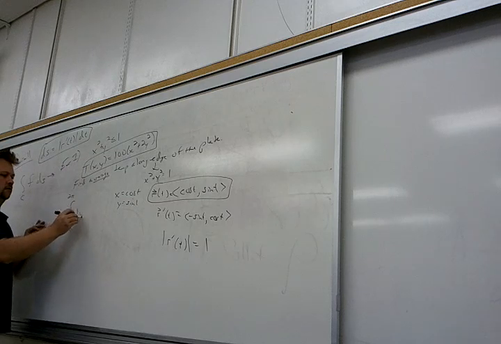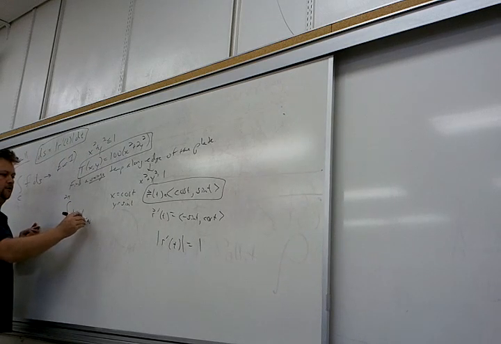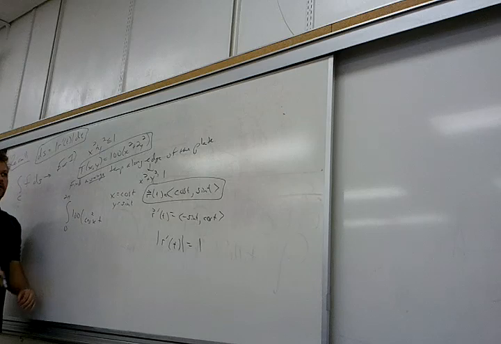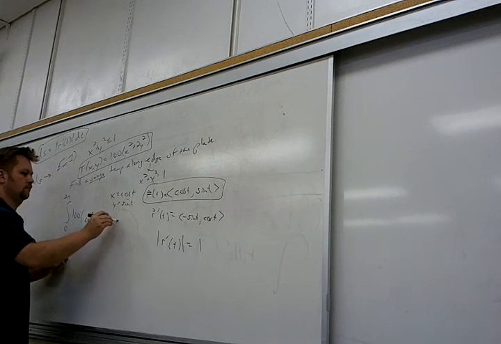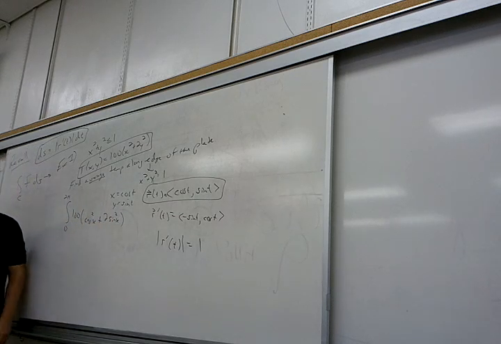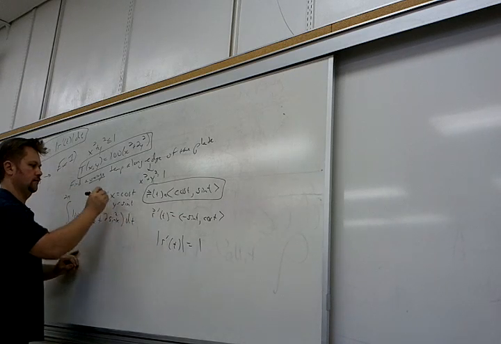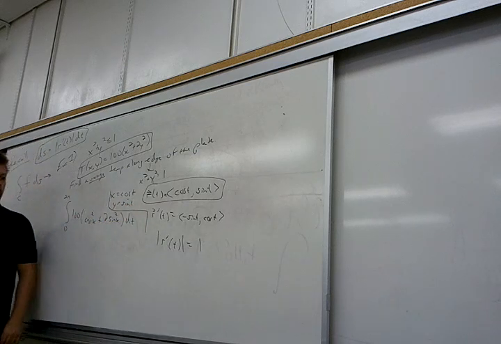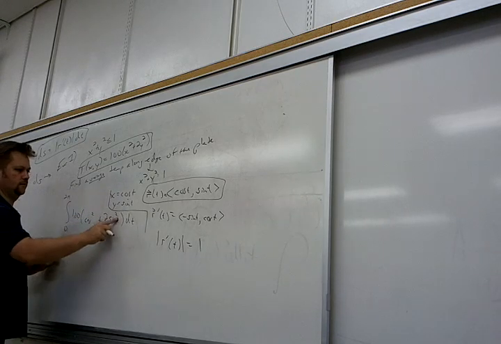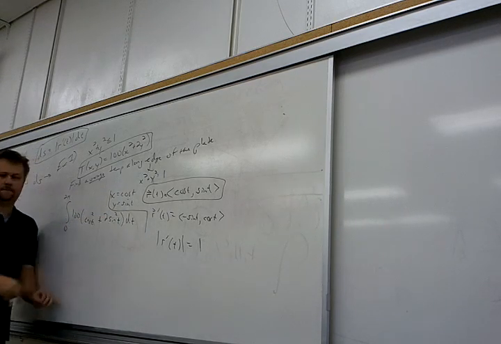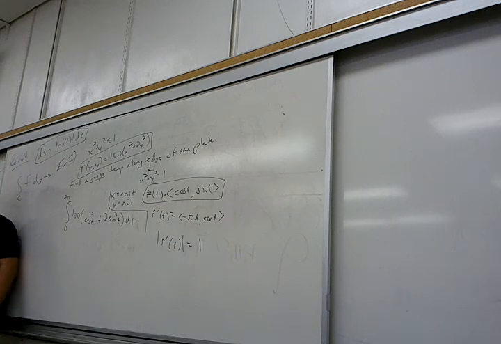So it'll be 100 times cosine squared plus 2 sine squared dt. Oh, why is it x? It should be t. And now you integrate that.